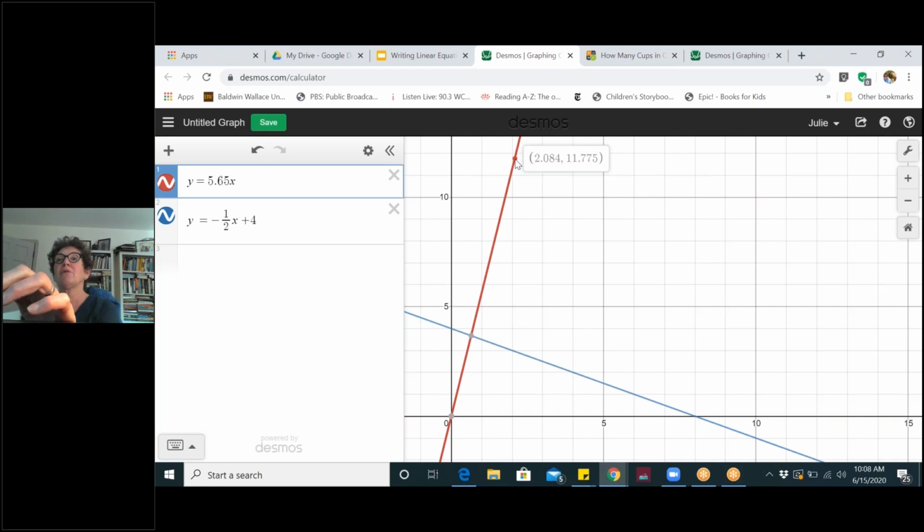In 2 hours and 84 hundredths of an hour, I would make $11.77. Well, they round it up, so $11.78. Look, it changes as I slide all the way down.